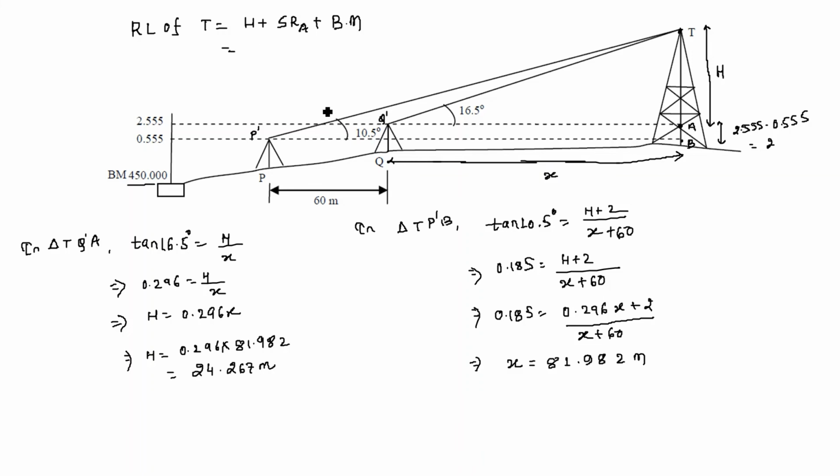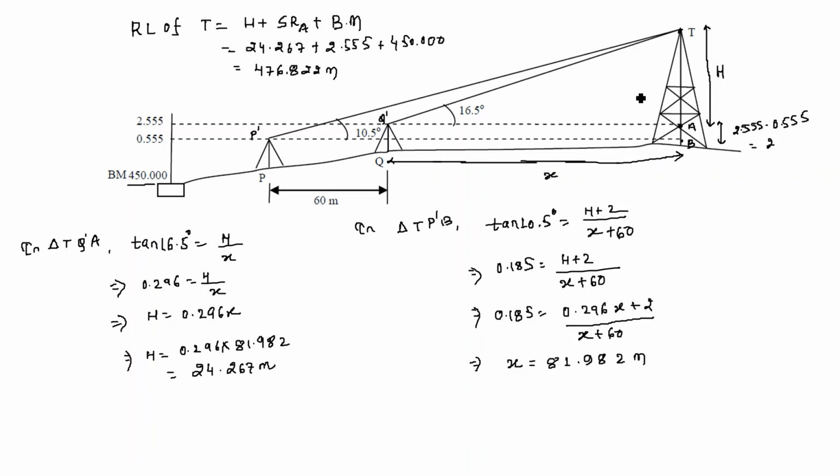Here the value of h we just calculated is 24.267 meter, the staff reading of A is 2.555 and the benchmark is 450. So, we got the reduced level of T as 476.822 meter.